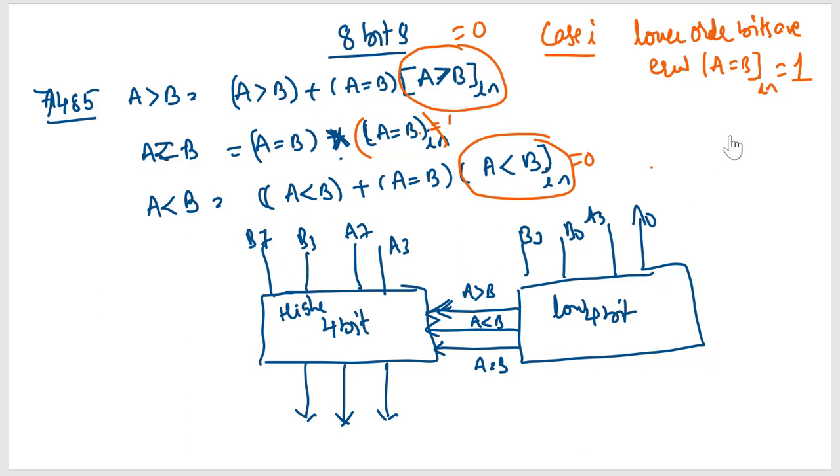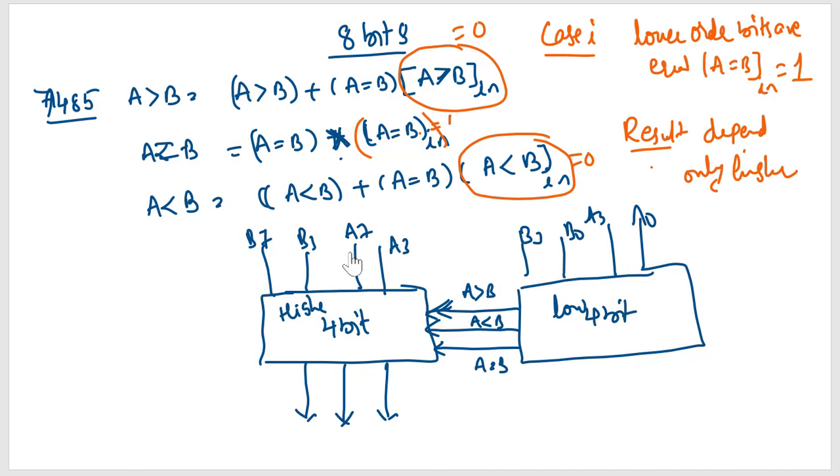That means when the lower order bits are equal, your result will depend only on the higher order bits. This is very general also. So when a equals to b, that means when a0 to a3 and b0 to b3 are equal, whatever the comparison of your a3 to a7 and b3 to b7 will decide the result.